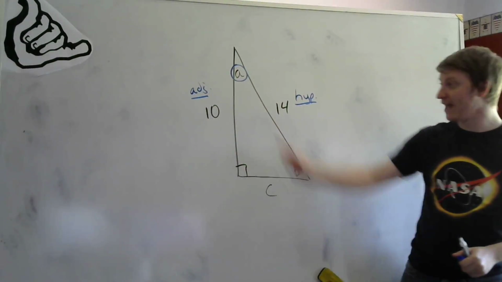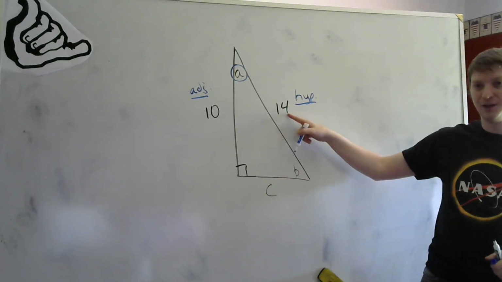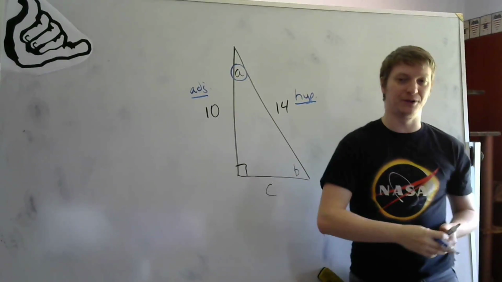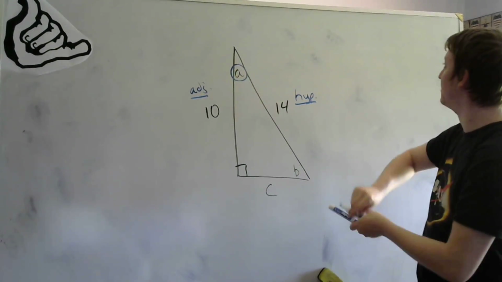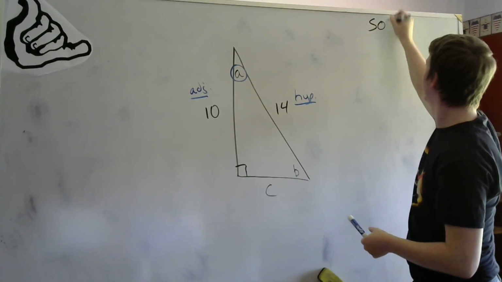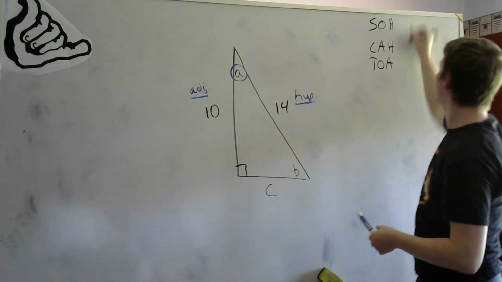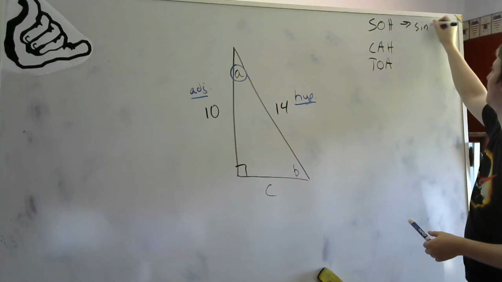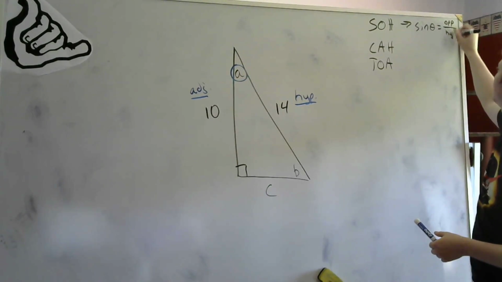So, if I have the adjacent and I have the hypotenuse, what trig function might I be able to use? This is where we need to start remembering SOH CAH TOA. Remember that sine of an angle is equal to the opposite over the hypotenuse.